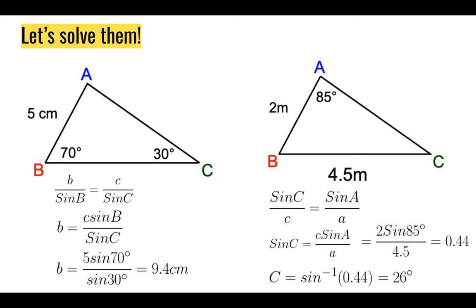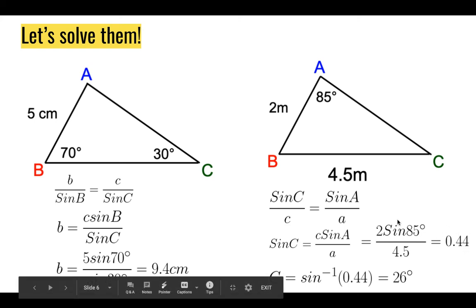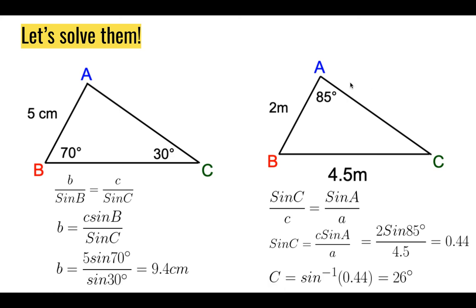So the angle C is equal to the inverse sine of 0.44, which is 26 degrees. So again, I highly suggest you pause the video here, put these numbers in, make sure you get 0.44, and then take the inverse sine to make sure you get 26 degrees, just to make sure that you are getting the correct answers, as you can check it with mine here.